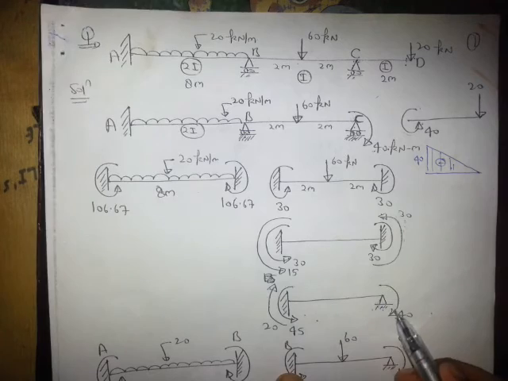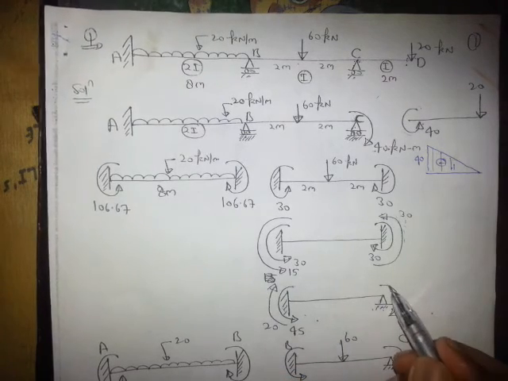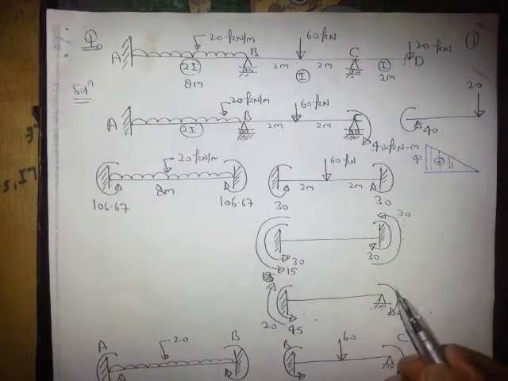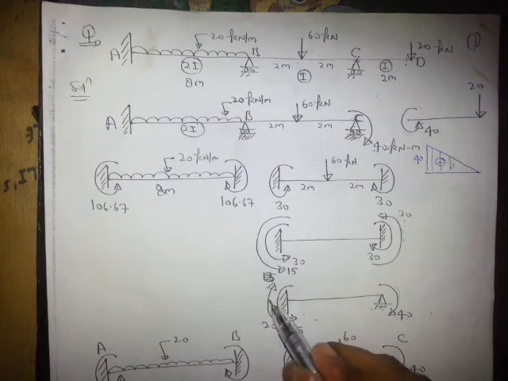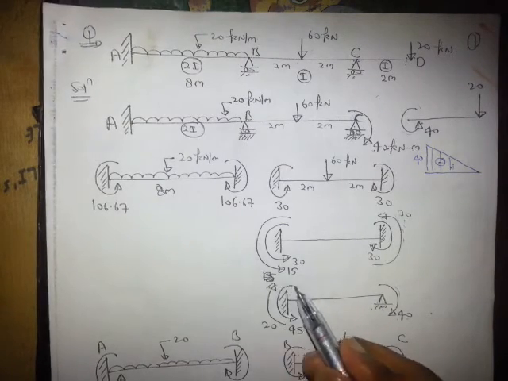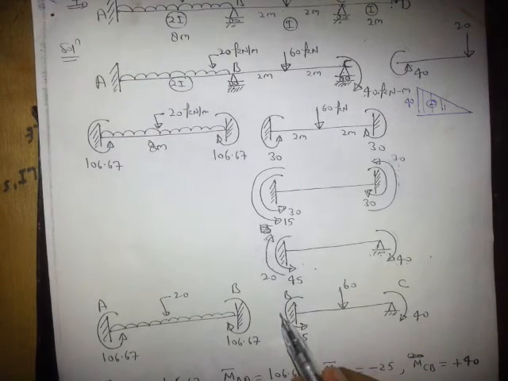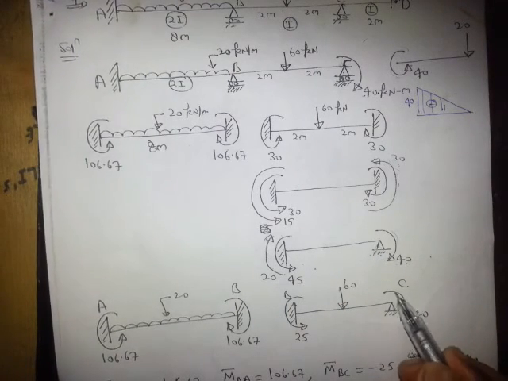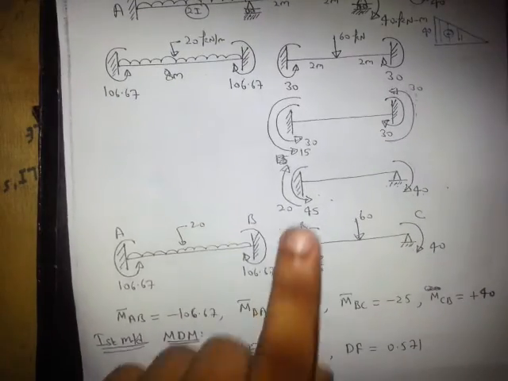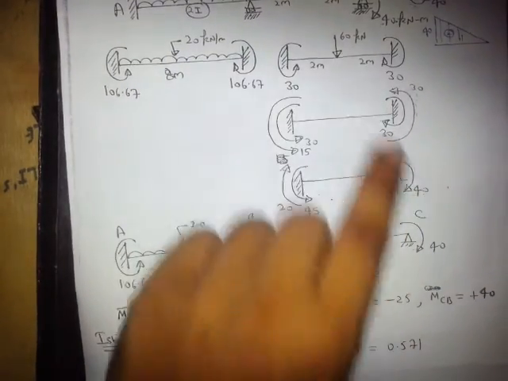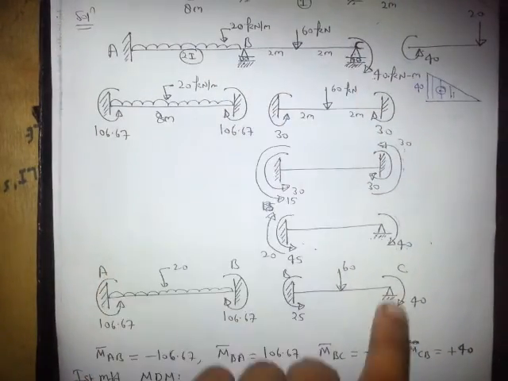So apply 40 kilonewton at this end, so half will be transferred to the far end. So this is 40, half of 40 means 20 in this direction, so net here will be 45 in this direction, 20 in this, means 25 in this direction, and 40 in this. So this is a similar case, as this end is 40 and this is 40.